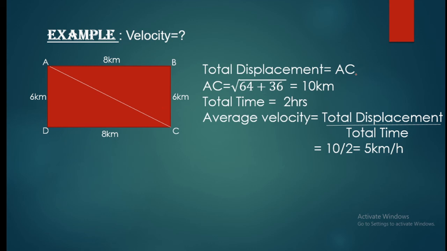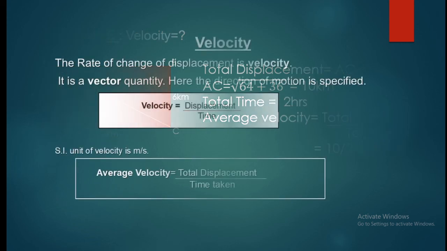And we know how to find out the displacement AC by using Pythagoras theorem. 8 square plus 6 square, 64 plus 36, that will come out to be 10 kilometers. And total time, let's suppose he has covered the total displacement in 2 hours. So my average velocity will be total displacement upon total time, that will come out to be 5 kilometers per hour.